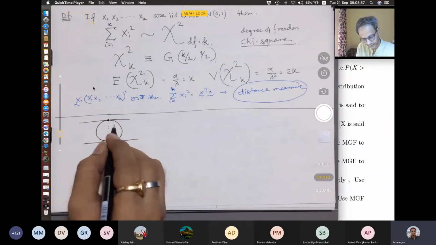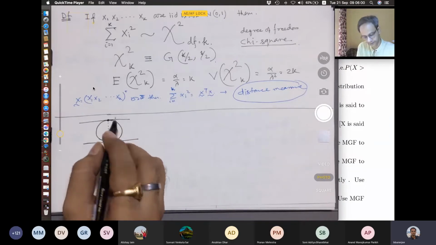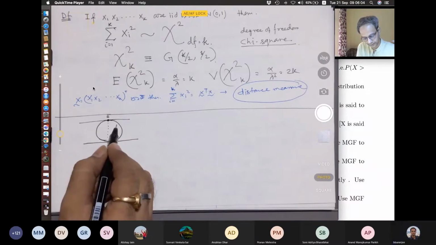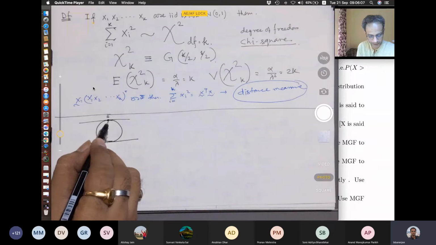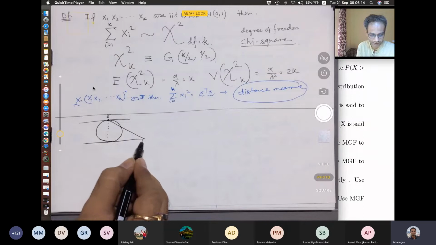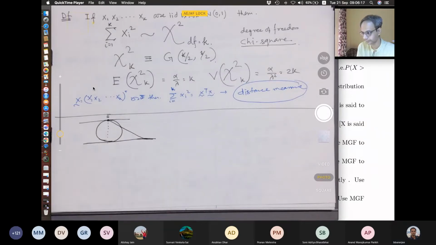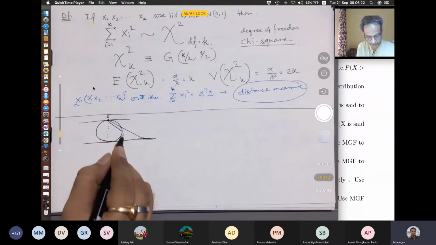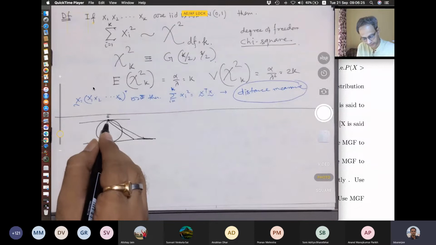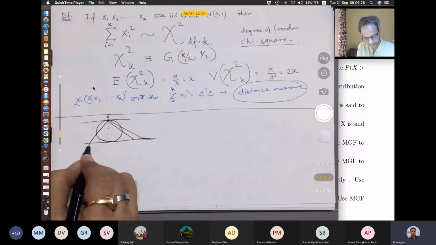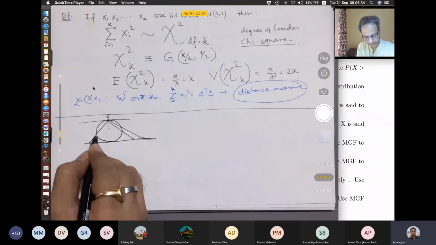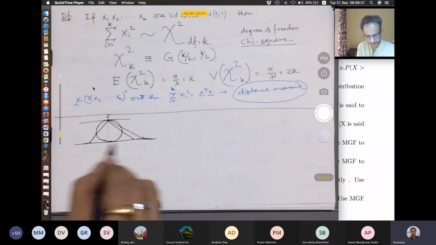There is a source of light here, and one light ray is coming, cutting a point, and the shadow of that point is falling on this line. If the source is coming in this direction, then the shadow is falling in this direction. So each point on the periphery of the circle casts a shadow on this line.